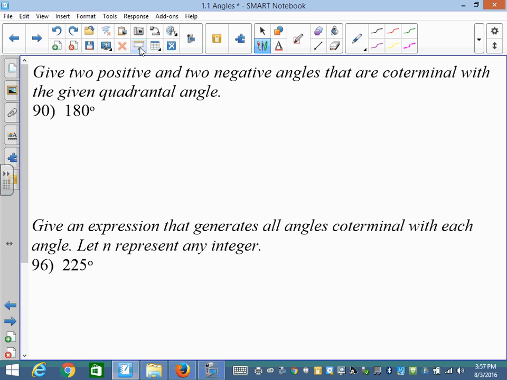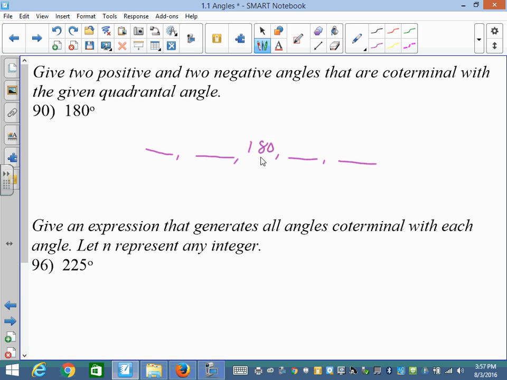Then they come in here and they go, okay, now give 2 positive and 2 negative angles that are coterminal with the given quadrantal angle. Well, that's just like the one we gave before. I want a negative angle, another negative angle, and then 180, and then a positive angle and a positive angle.